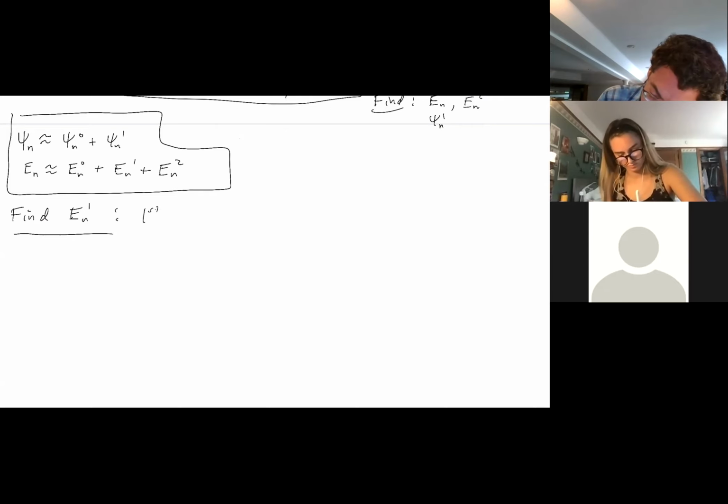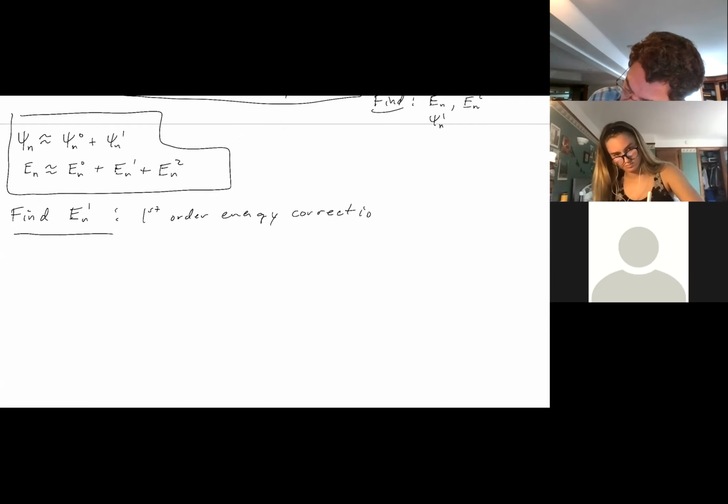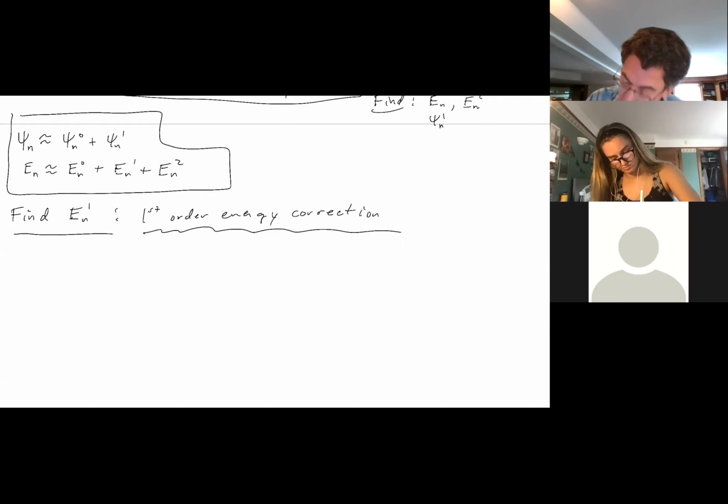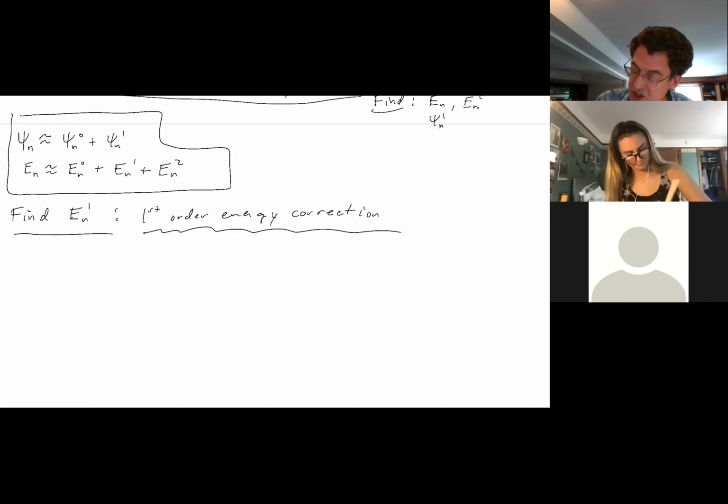That's the first order energy correction. That's how you say it. The first order correction to the energy due to the perturbation. This is how much the perturbation changes the eigenenergy. Okay, so let's do that.